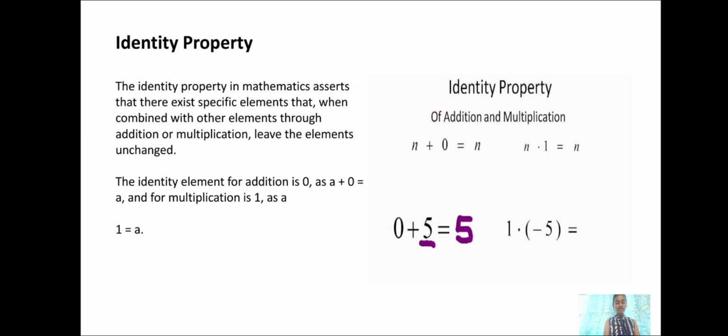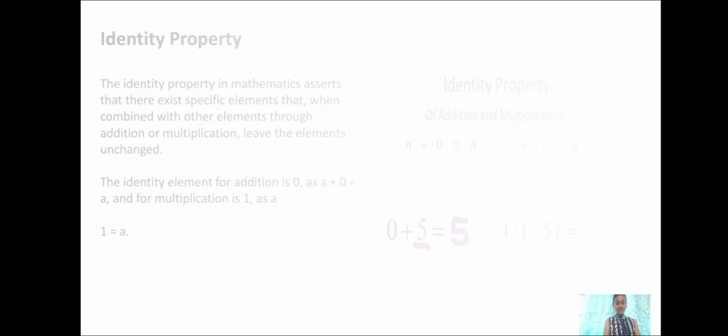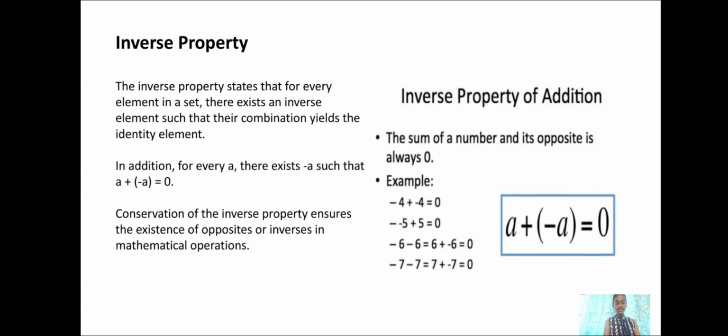Then the inverse property. The inverse property states that for every element in a set there exists an inverse element such that their combination yields the identity element. In addition, for every a there exists minus a such that a plus minus a is equal to 0.